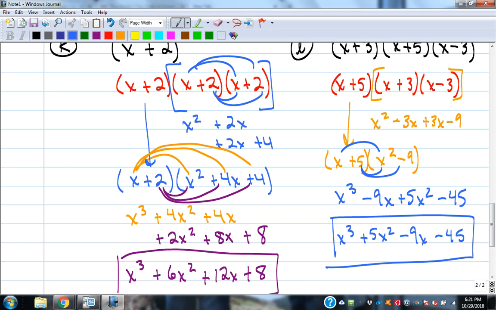What we're going to do next is move in the direction of factoring polynomials, which is unmultiplying them, okay? So we're going to talk about how to factor and what are the rules of factoring for this next section.